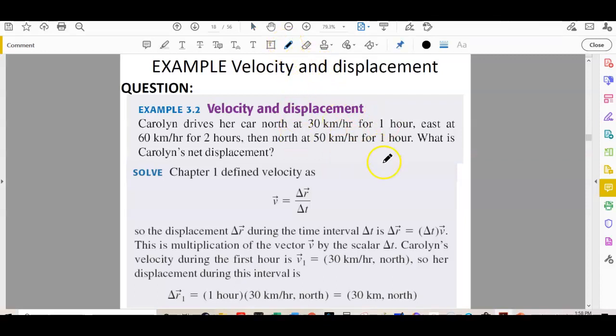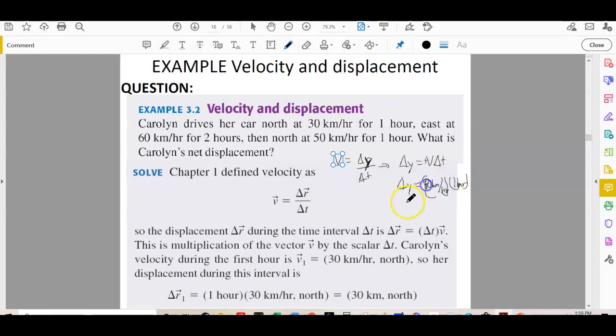30 kilometers per hour. So velocity is equal to displacement, in this case in the y direction, over time. So she drove north, which would be up, positive y, over a period of an hour. So she drove up at 30 kilometers per hour for 1 hour.